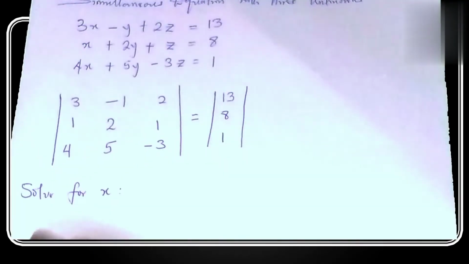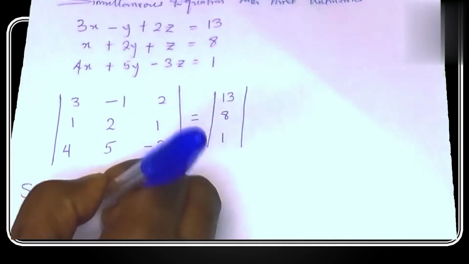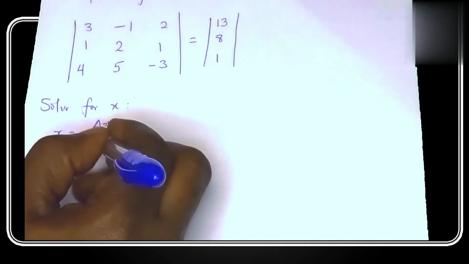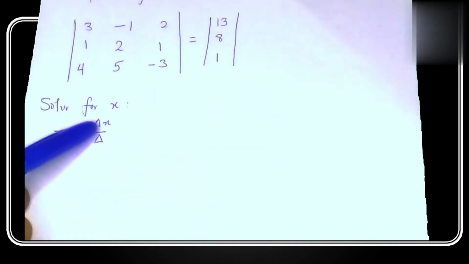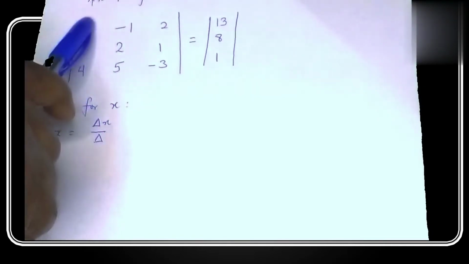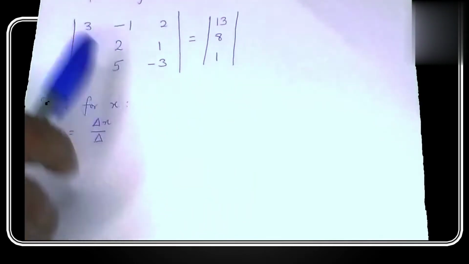Now, to solve for x, we find that x equals change in x over change. What is change in x? Change in x is when we replace the column of x with this column, and change is when we do the solution of this set without replacement of anything.